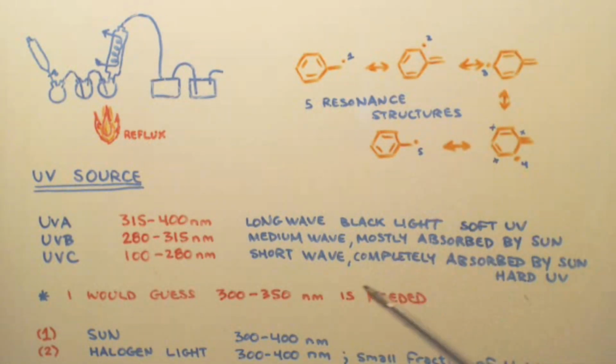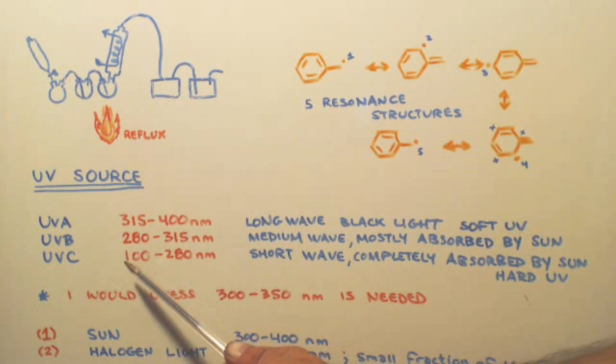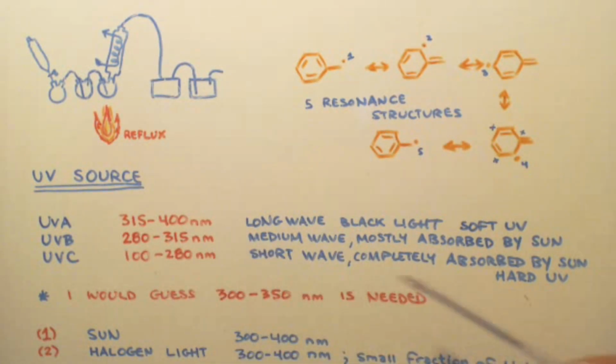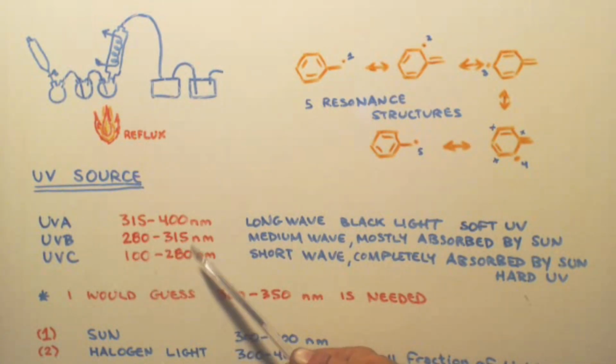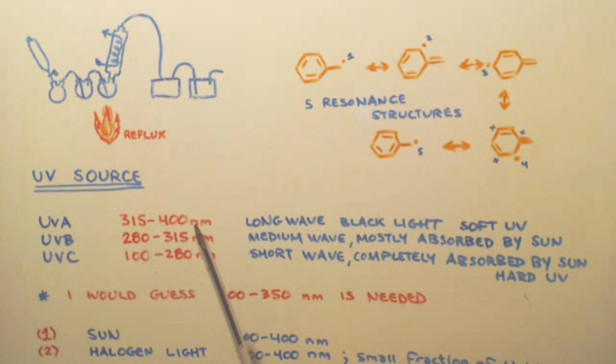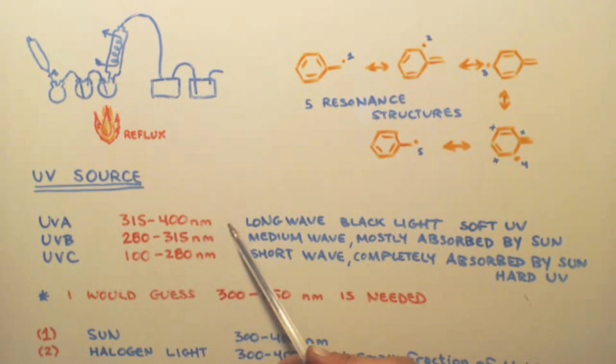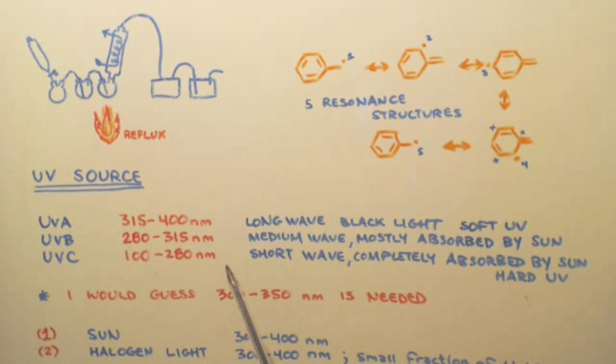My whole point is, though, this: if you can use the sun, and these are all completely absorbed by the ozone layer, 100 to 280 nanometer, you don't need. You know what I mean? It'd be better, probably, because it's more powerful, but it's unneeded. If you can do it with the sun and you don't get none of that, then you don't need it. This one mostly is absorbed by the ozone layer.